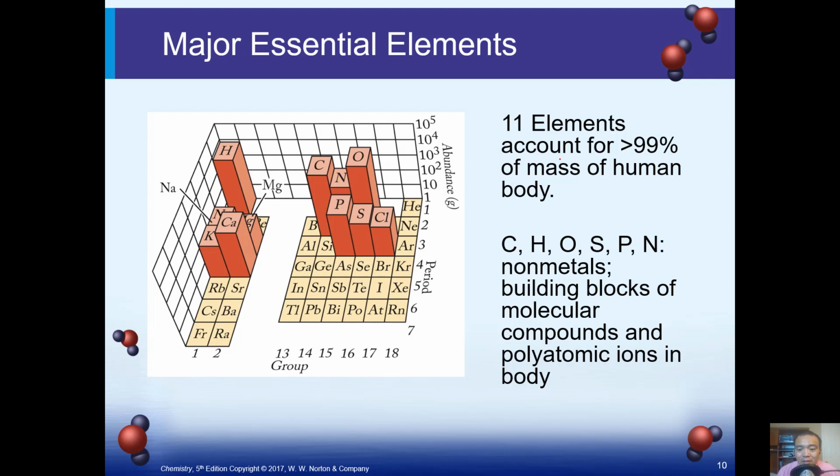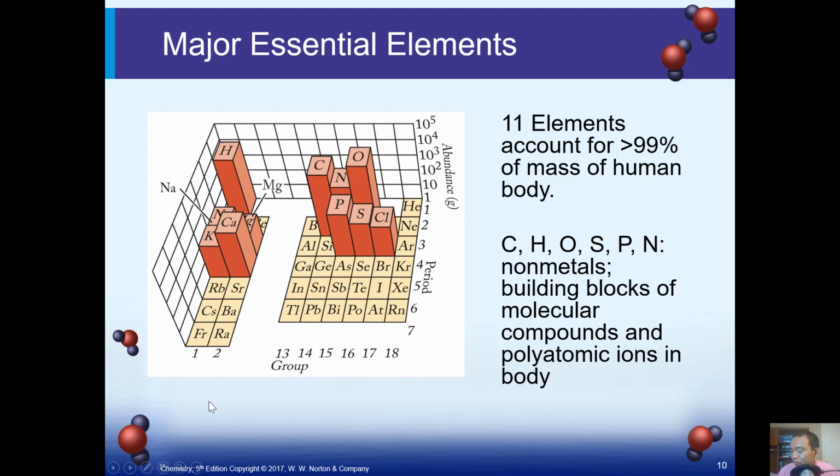The nonmetals are included in compounds such as amino acids, proteins, and nucleic acids that represent the building blocks of the human body. They are also included in physiologically important polyatomic ions such as phosphates, carbonates, etc. Please note that the metals are present as ions, as we mentioned before.